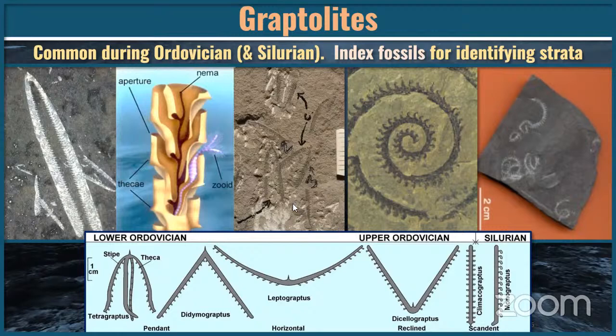Same thing with graptolites because of how common and easily fossilized they are during this period. They're essentially kind of like community organisms as well. So we can see this kind of tube-like structure. That's basically all we have to say here about graptolites, other than that they have a lot of different forms, just like we were kind of examining with those trilobites. So looking at the type of graptolites present can help you figure out where you are in the time scale during these periods.